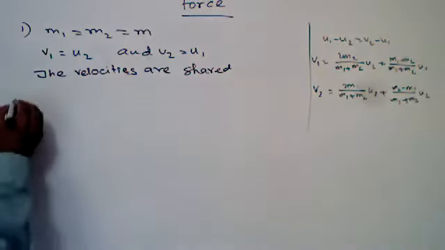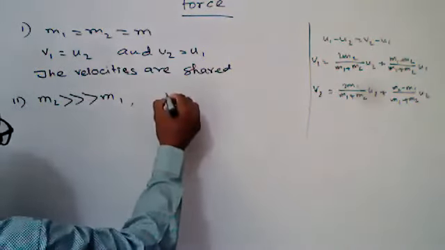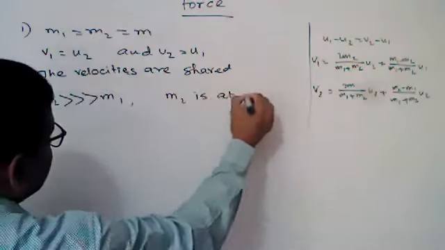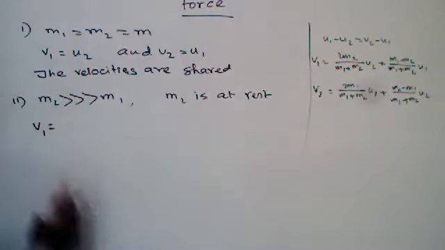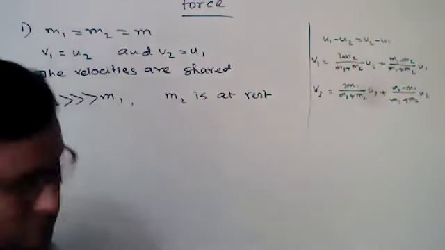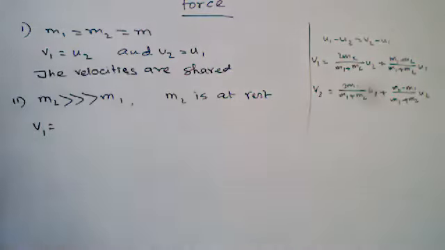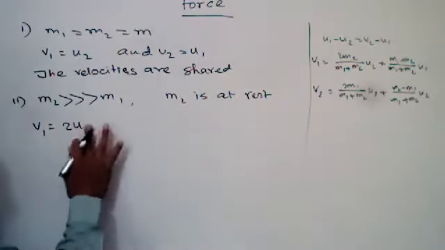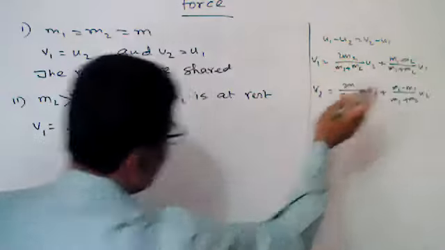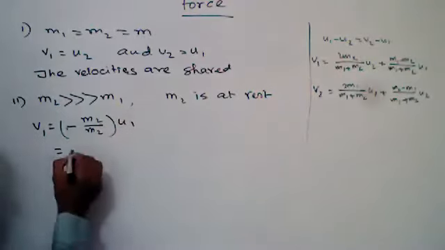Second condition: if m2 is greater than m1 and m2 is at rest. So v1 equals, since m2 is greater than m1, 2m2 and m1 is negligible here, and u2 equals 0, so that term is 0. So here it will be minus m2 by m2 into u1, so minus u1.